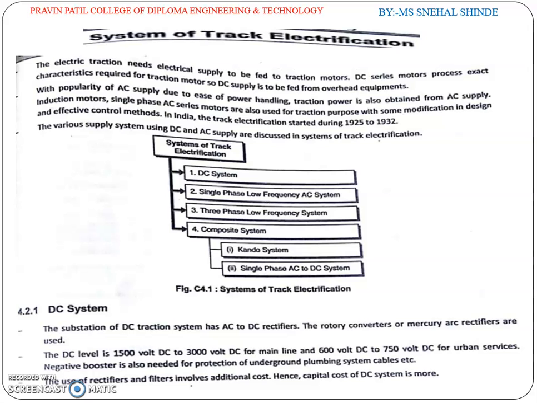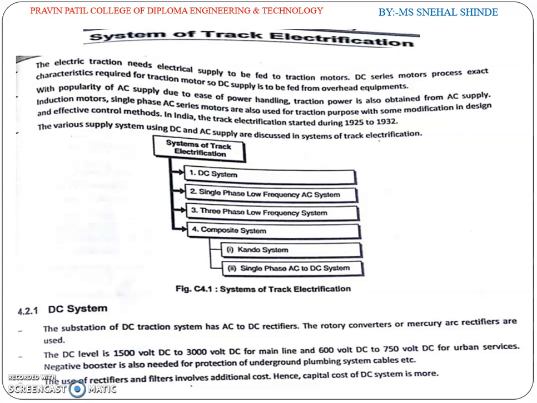High frequency, high supply voltage reduces the amount of current needed. Also, the induction motor has the property of automatic regenerative braking, but the two overhead conductor system is complicated while crossing junctions. Also, the characteristics of the induction motor are not suited for traction purposes.